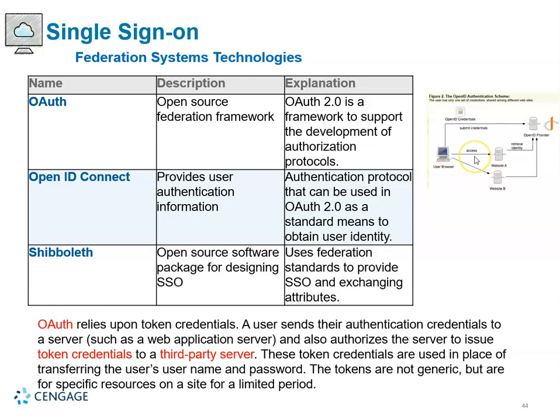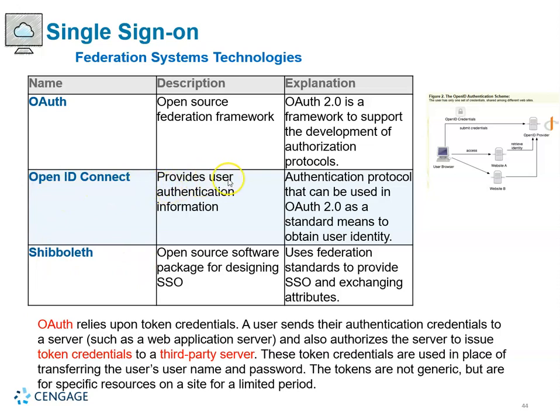and also authorizes a server to issue token credentials to a third-party server. These token credentials are used in place of transferring the user's name and password. These aren't generic tokens, but are specific to resources on a site for a limited period. Also, I forgot to mention the other two entries in this table, the OpenID Connect.